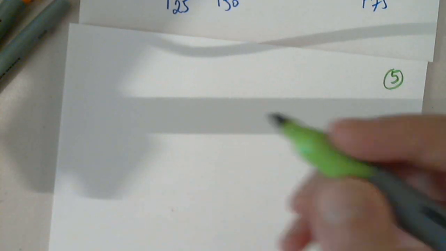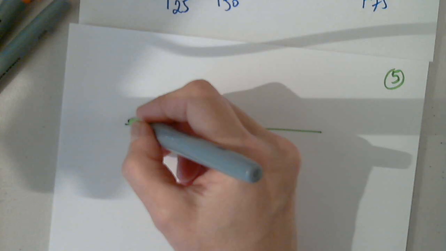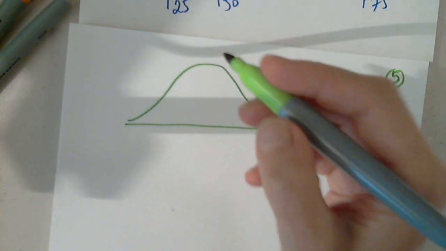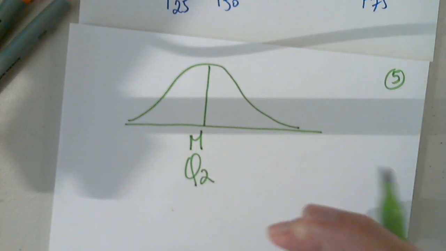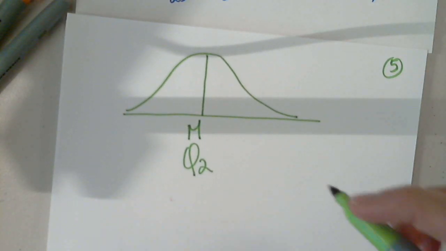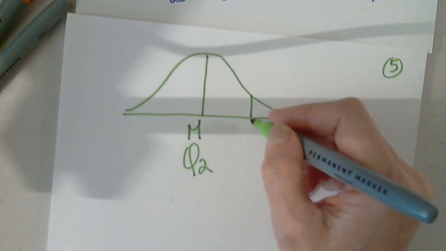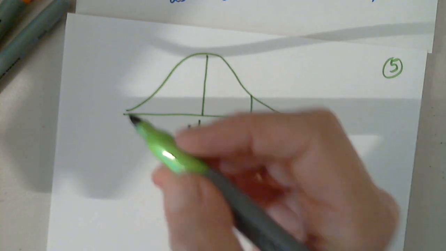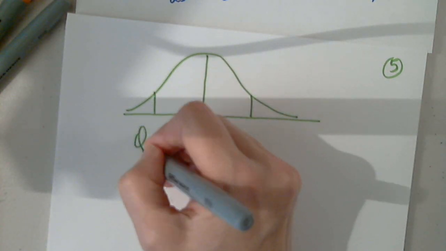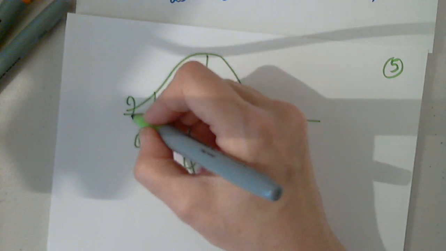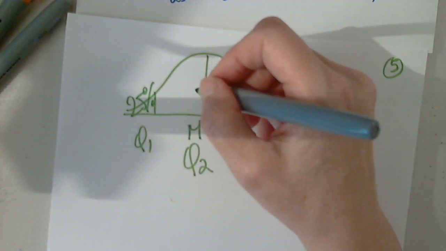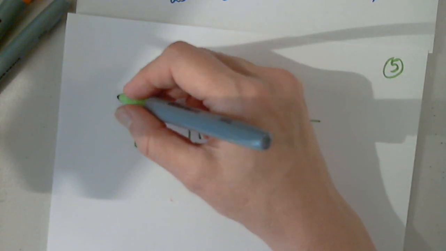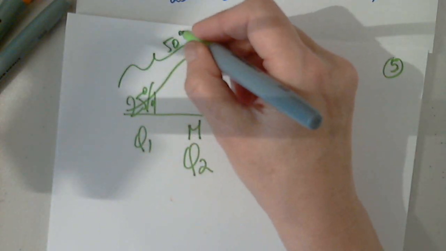So let's analyze, in any data set, this is the median or Q2, the second quartile. Up here somewhere, it will be Q3, and down here somewhere, it will be Q1. So this is 25%. This is 50%.